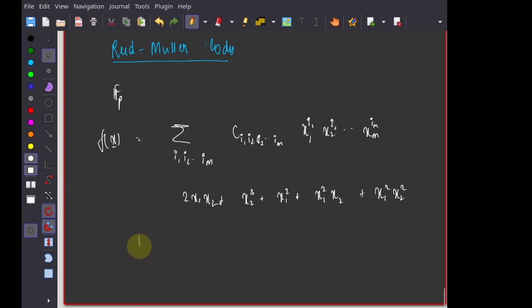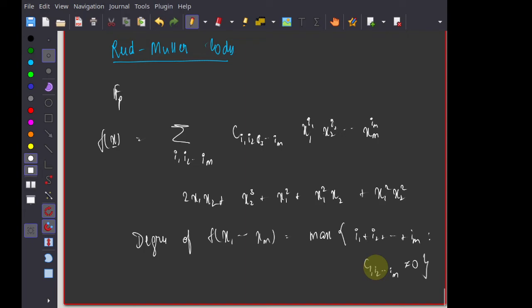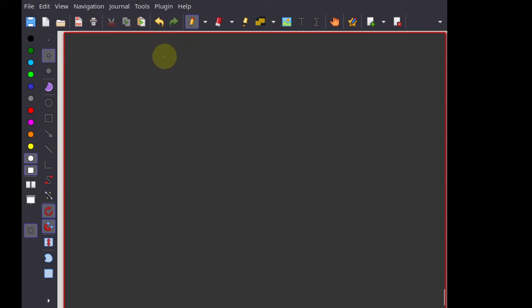Okay. So the degree of the polynomial is basically the max over all monomials of the sum of the exponents, and the coefficients should be in the field. So for example, I look at this polynomial.